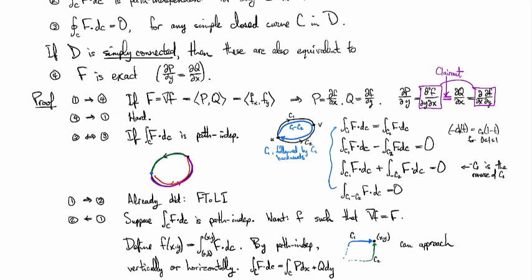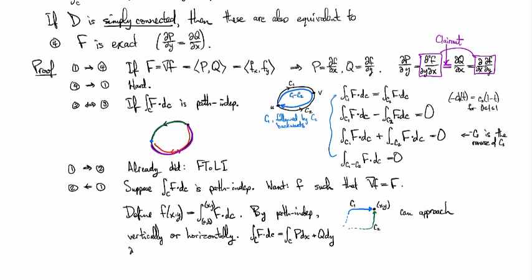If I look at the partial of little f with respect to x, differentiating this formula with respect to x, then what happens? If we're looking at this path right here, then y is not changing during this part of the path because it's horizontal. So the derivative with respect to y is going to be 0.